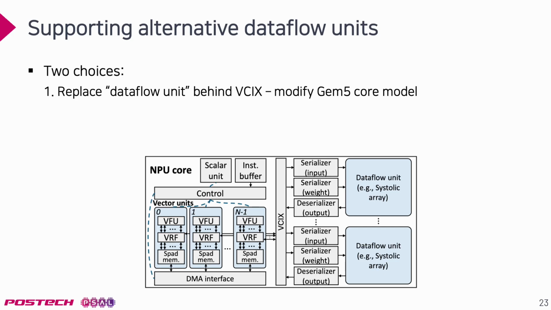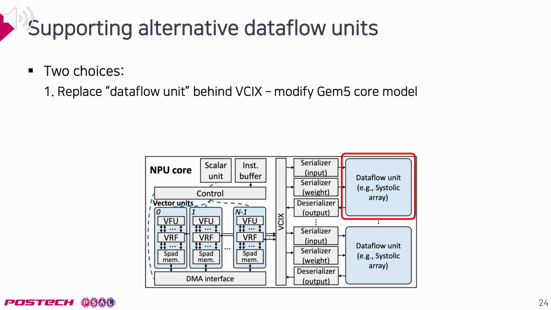However, PyTorchSim is not necessarily limited to modeling just the Google TPU, and it can be extended to model other MPU architectures. There are two choices in doing this. This diagram is showing the earlier design, but with the rearranged components in the core.